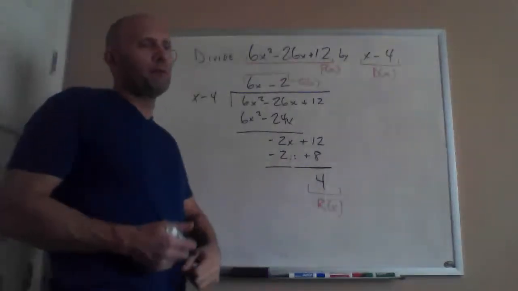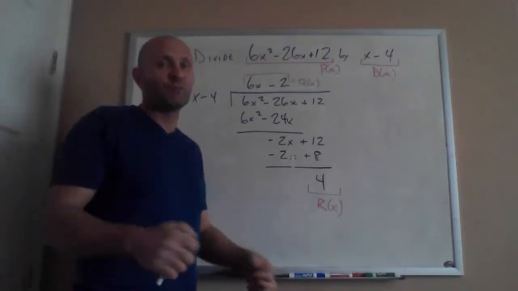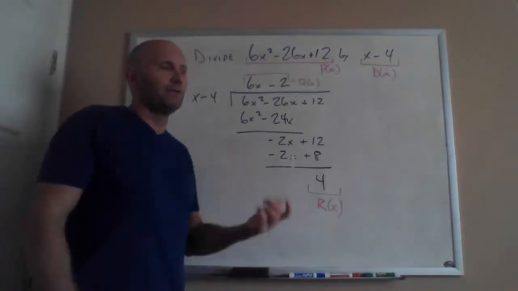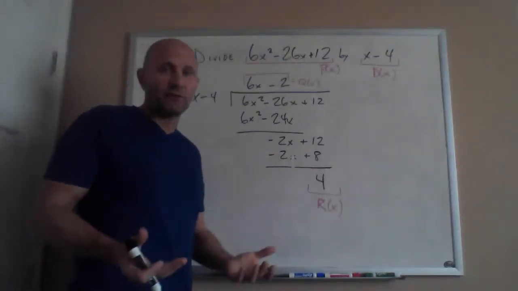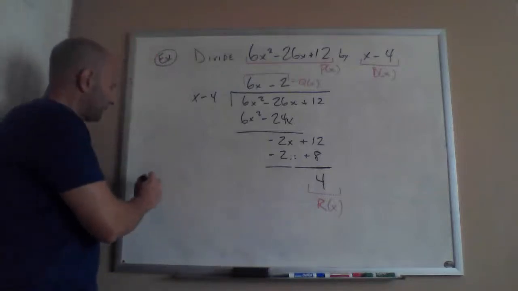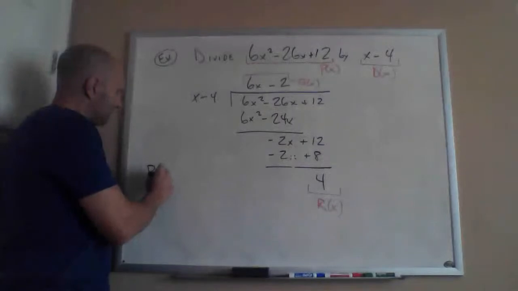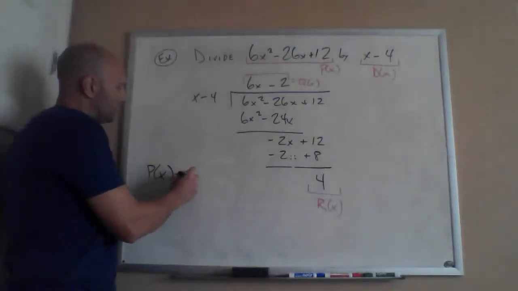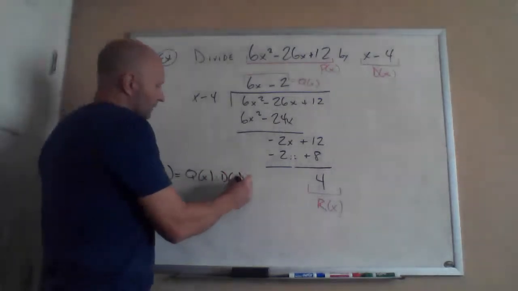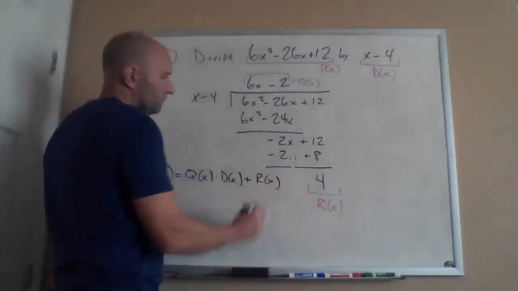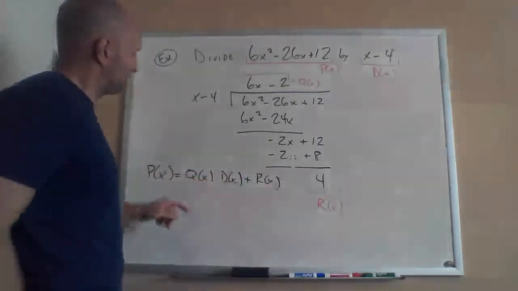With WebAssign, as with your last exam, exam 3, the final exam, it's extremely important to enter the answer as it's being specified. So if it says something like, write your answer as p of x is q of x times d of x plus r of x, then you need to put these pieces exactly this way.